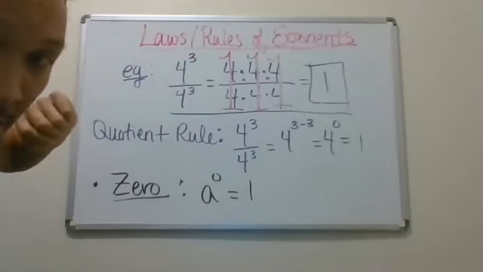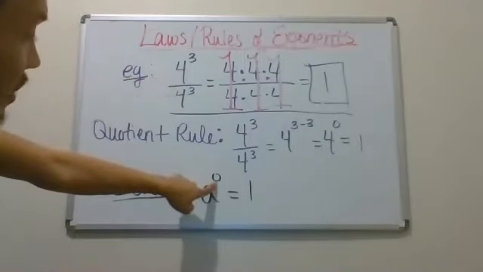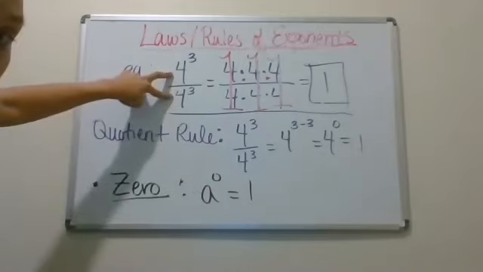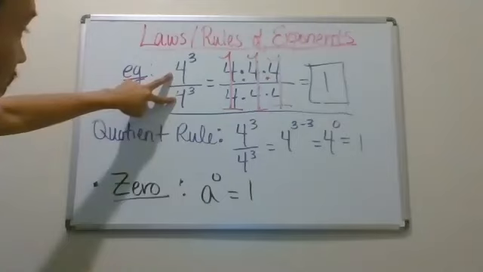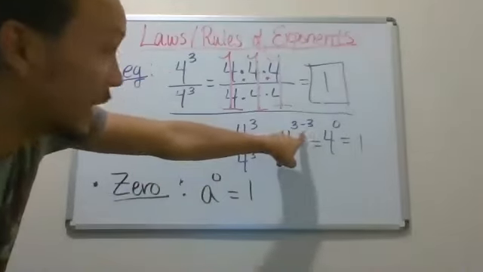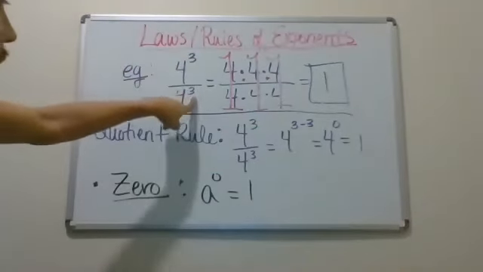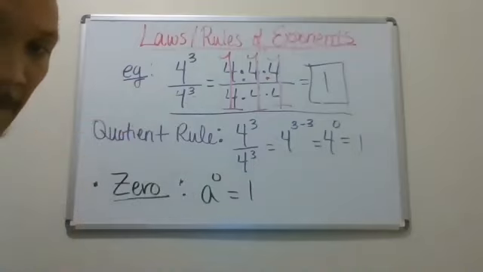Does that make sense? When you're dividing, the 0 exponent means that your base, which is a, is exactly the same. For this example, it just so happens to be 4. And the 0 by quotient law means we're subtracting the exact same number, so your exponents must also be the exact same. Does that make sense? Yes.